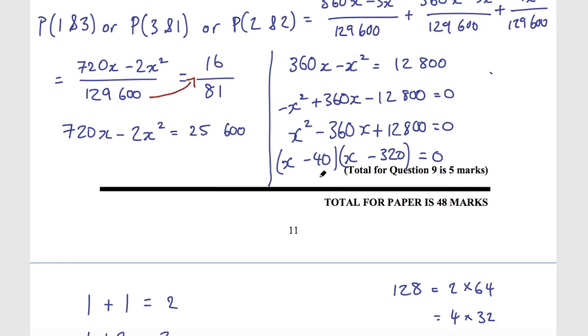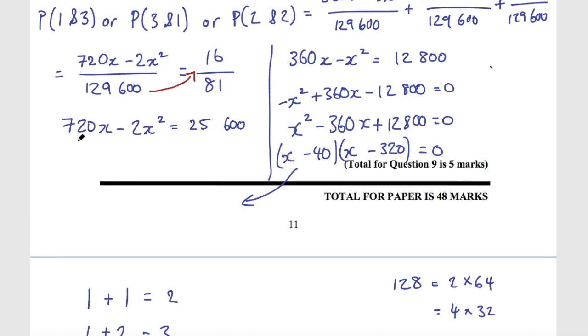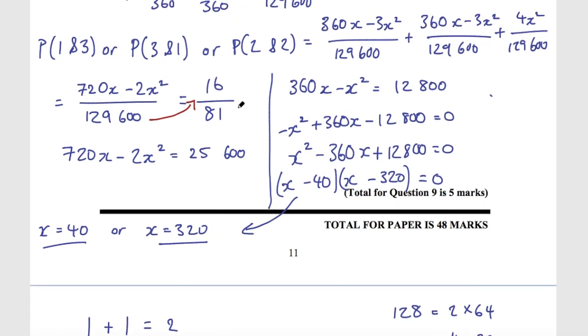Alright, so now I can find the values of x. I'm just going to bring this over here because I'm running out of space. So x minus 40 equals 0, so therefore x would equal 40, or x could equal 320. So I've got two values of x. Well, go back to the question and see which one's realistic.